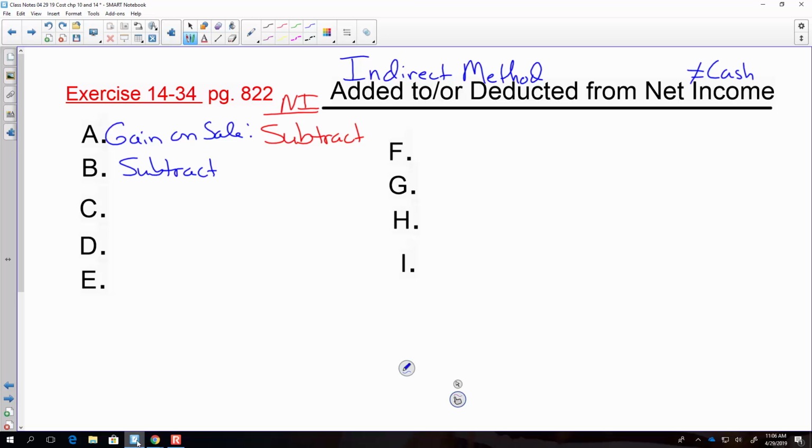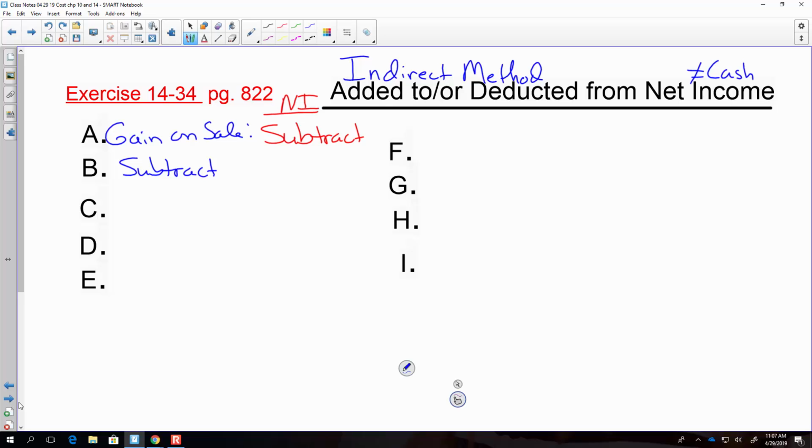Let's do this. Go ahead, Diane. Assets, you always do the opposite of what the line item tells you. So if it's an increase in accounts receivable, you do the opposite and you decrease it from net income. For liabilities, you do exactly what they're saying. So increase, you add.